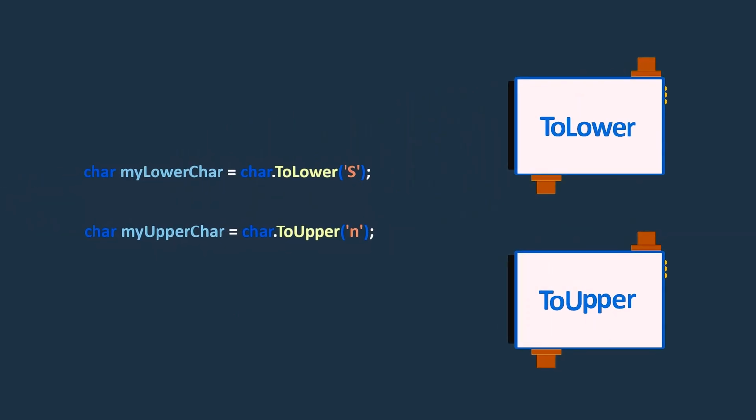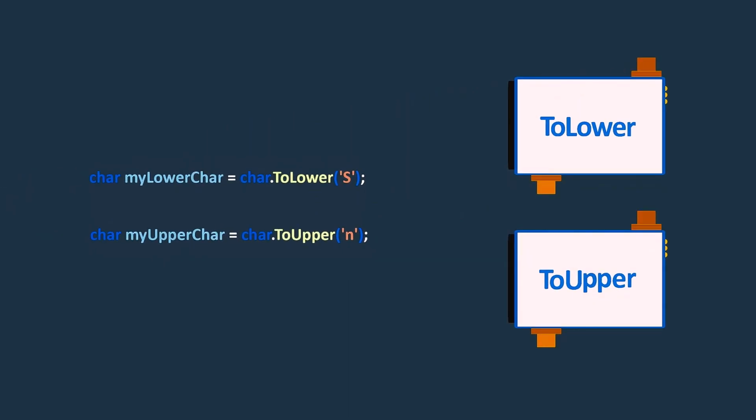Okay, let's explore the usage of these methods through two examples. The toLower method takes an uppercase s and transforms it into a lowercase s. On the other hand, the toUpper method accepts a lowercase n and converts it to an uppercase n.